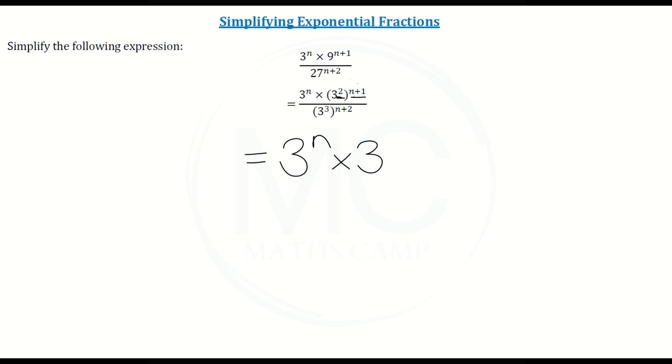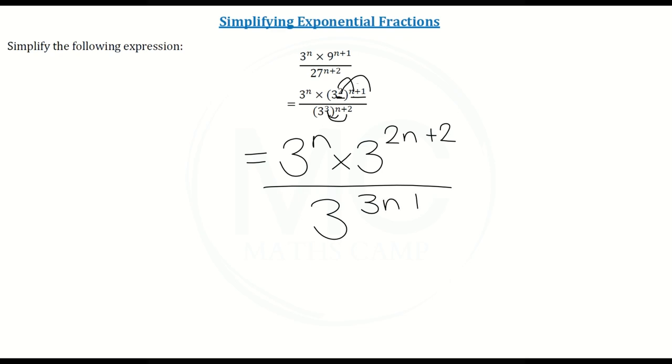So we can say 2 multiplied by n, and we get 2n. 2 multiplied by 1 gives us positive 2. All over. In the denominator, we have a base of 3. Now we have an exponent of 3 inside the bracket. So let's multiply it by the exponents outside. 3 multiplied by n is 3n, and 3 multiplied by 2 is positive 6.